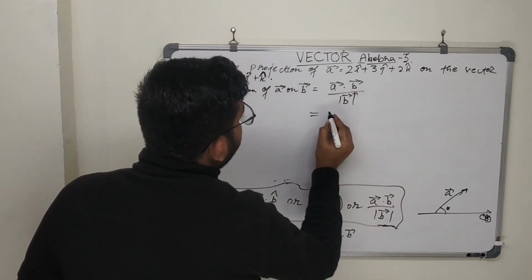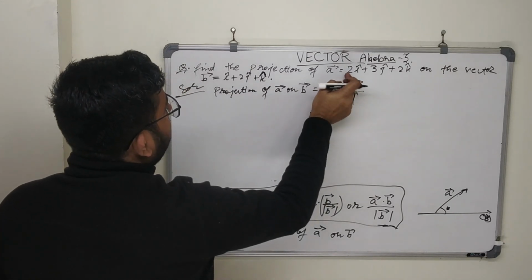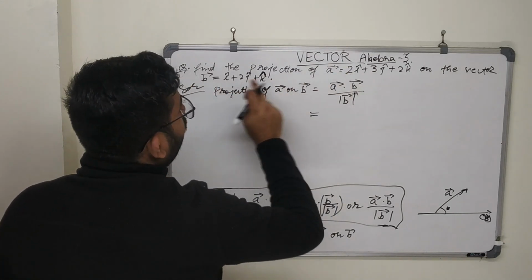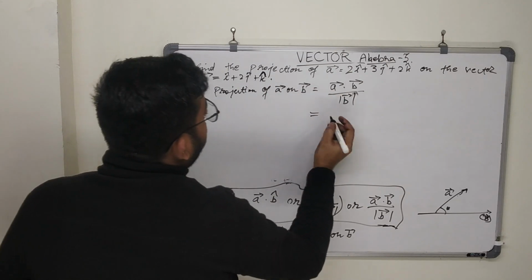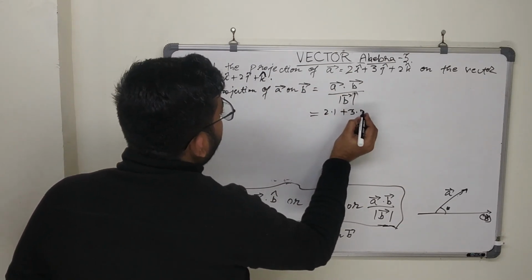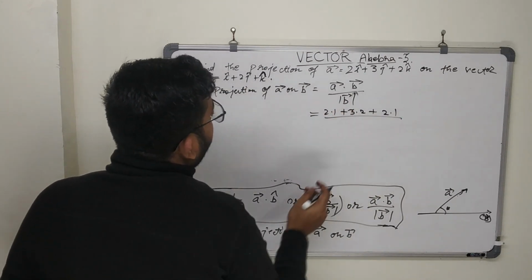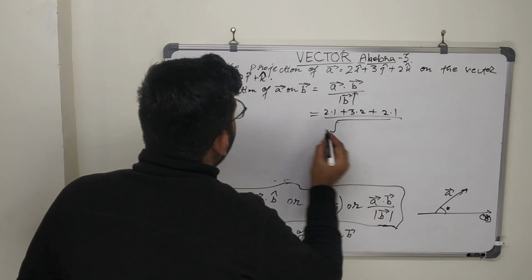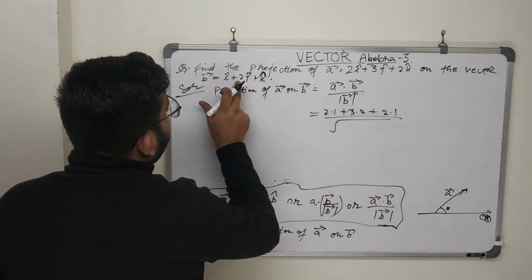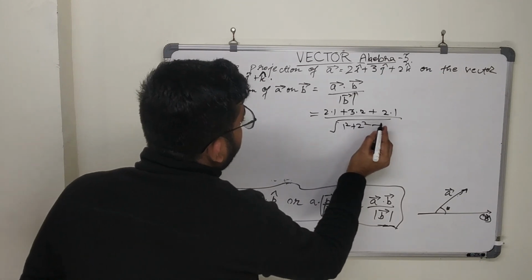Now putting the values, that is a dot b vector we can directly calculate, that is 2 into 1 plus 3 into 2 plus 2 into 1, upon magnitude of b vector, that is equal to under root of b1 square plus b2 square plus b3 square, that is 1 square plus 2 square plus 1 square.